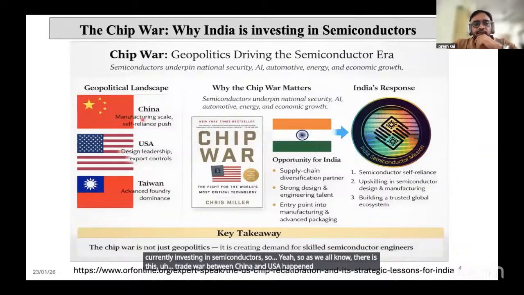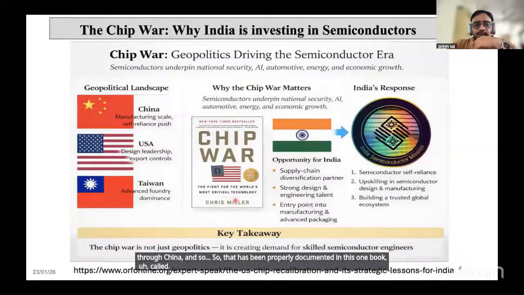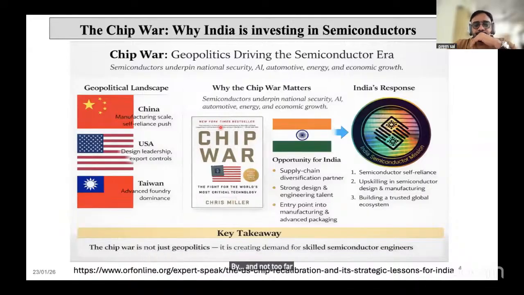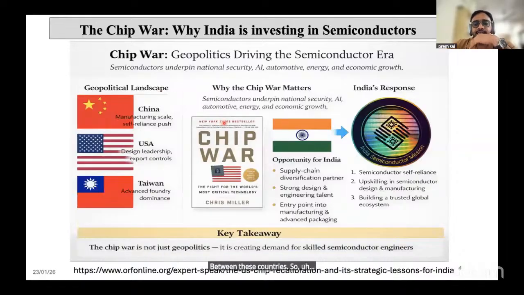They are keeping restrictions on Taiwan, not to give their advanced technologies to China, and that has been properly documented in this book called Chip War by Chris Miller. Because of this geopolitical tug of war between these countries, in India we have an opportunity.